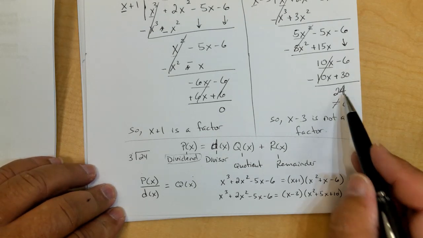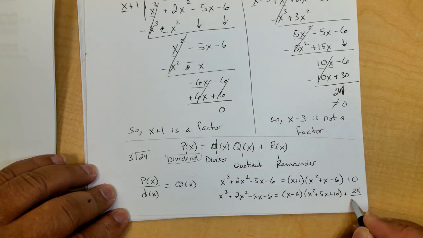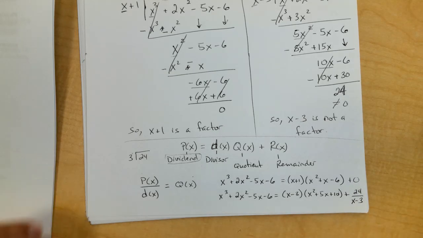The remainder is 24. So the remainder is 24 divided by x minus 3. That's how you'd write the answer there.